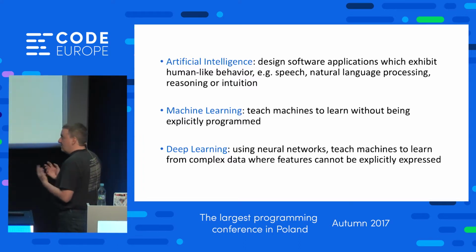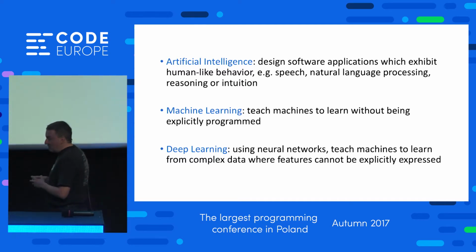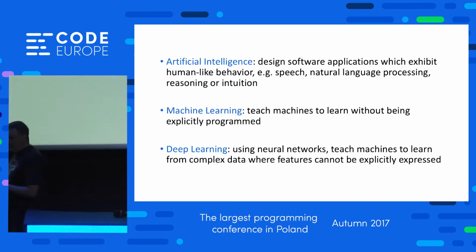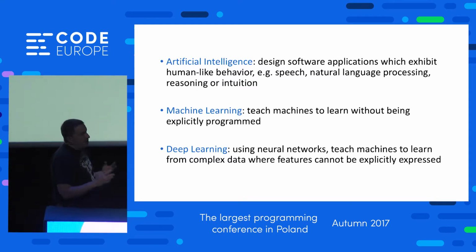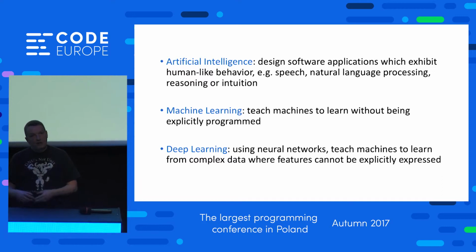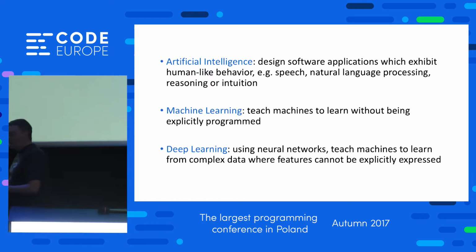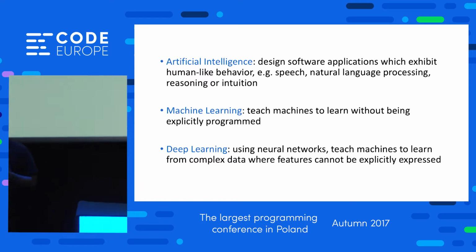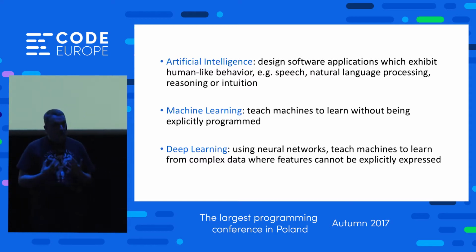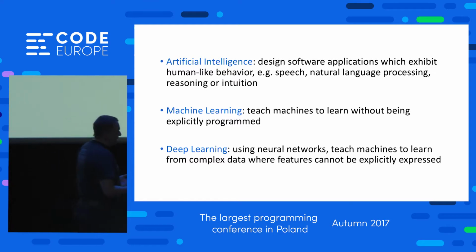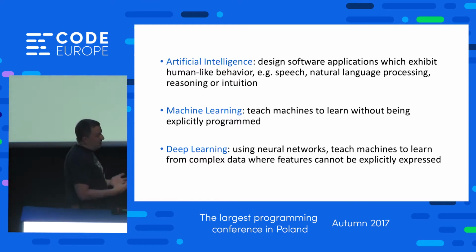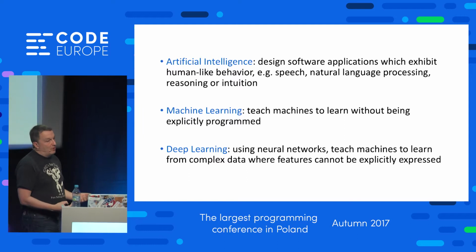Machine learning is a subset of artificial intelligence, which is trying to teach machines to learn from data, right? So using algorithms and data sets, we're trying to learn and show predictive behavior, classification behavior, etc., right? So machines learn without being explicitly programmed.